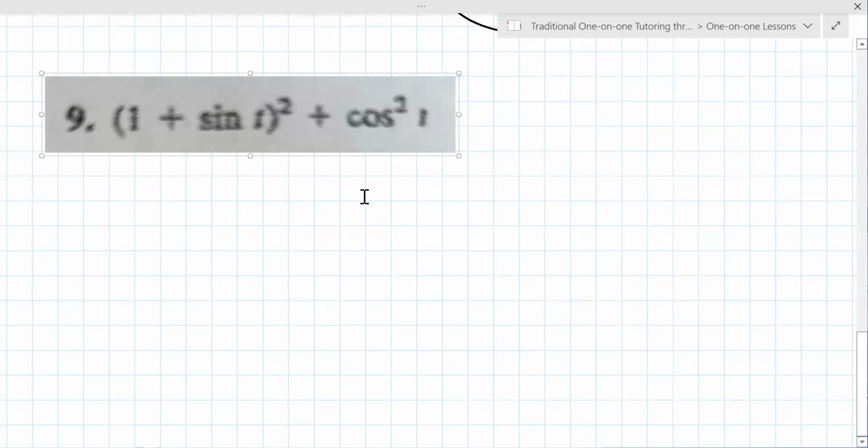All right, number 9, 1 plus sine t to the power of 2 plus cosine squared t. Sometimes you just draw an analogy: if this was 1 plus x squared plus x squared, what would you do first to simplify it?